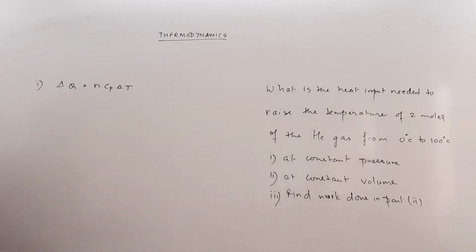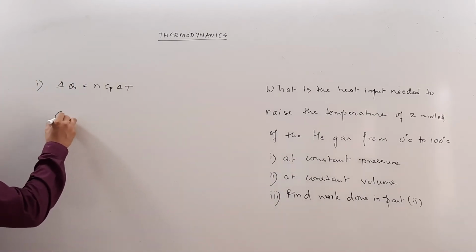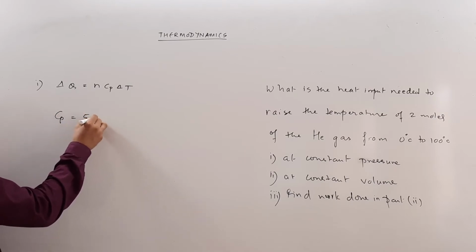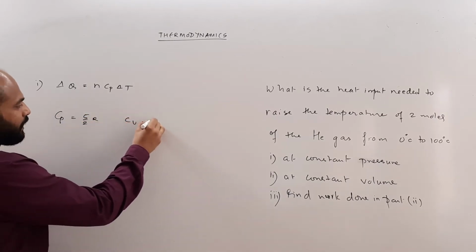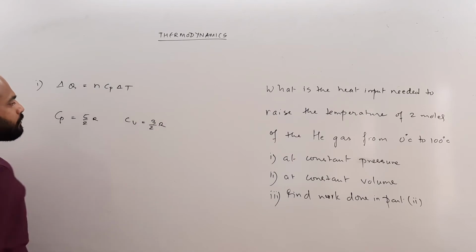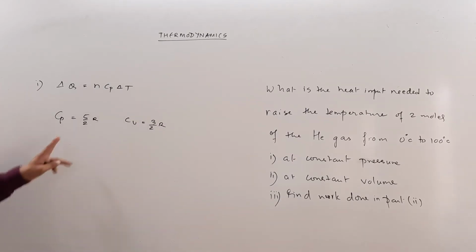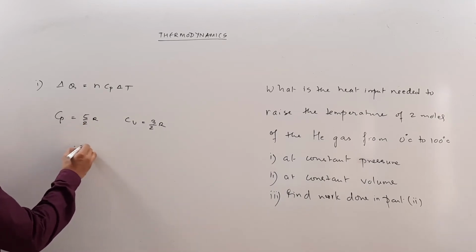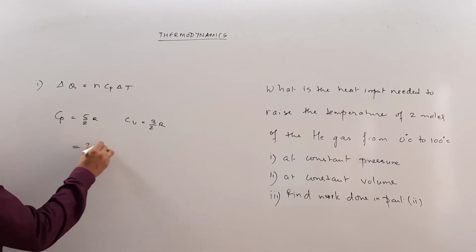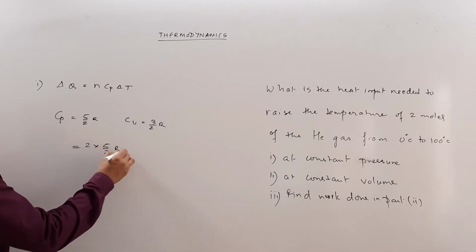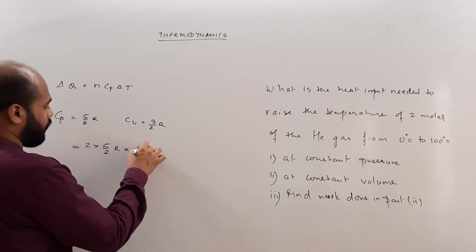Now for a monoatomic gas, CP is given as 5 by 2 R and CV is given as 3 by 2 R, where R is the universal gas constant. Now we can find delta Q, where CP is going to be 5 by 2 R. So 2 into 5 by 2 R into delta T, which is 100.